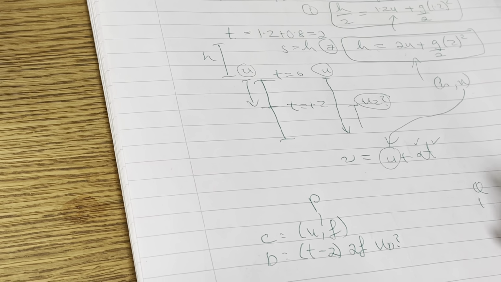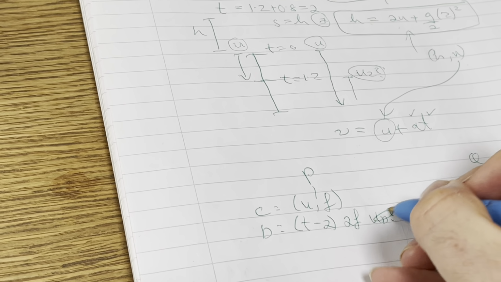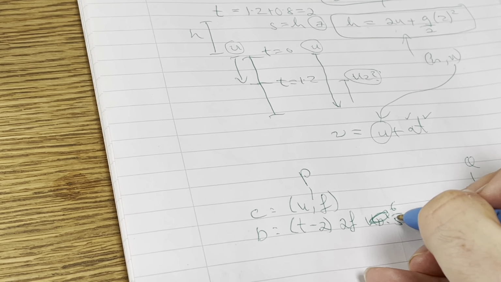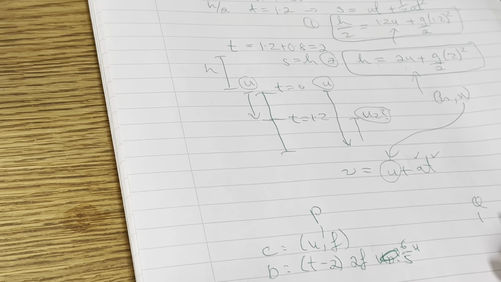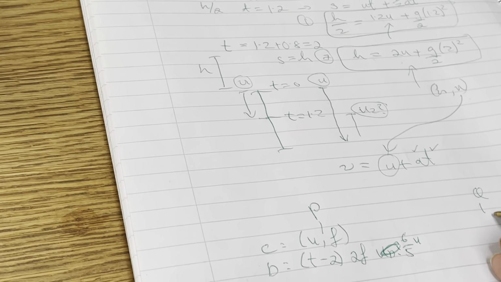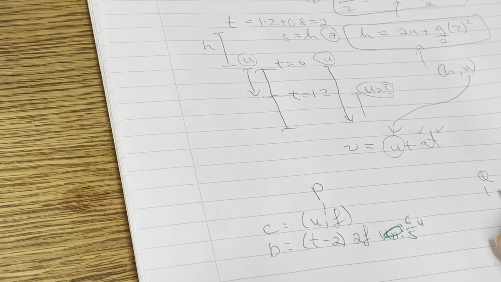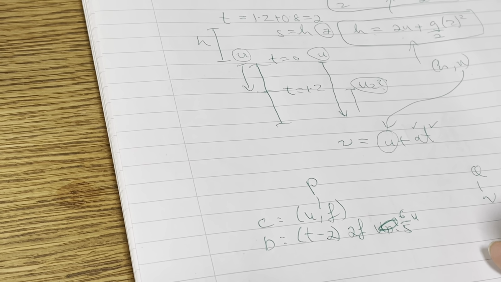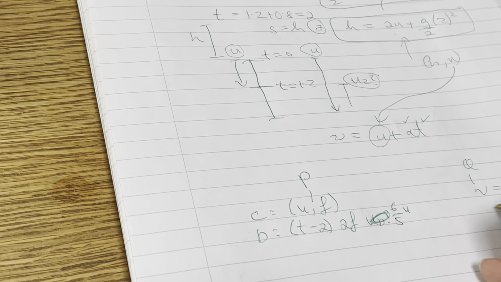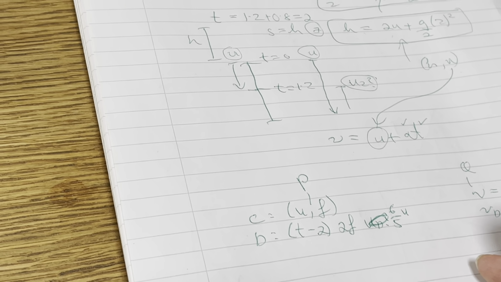Oh, we do. Okay, so 6 over 5u, 6 over 5u, right? So we know quite a bit. And then they pass point Q together. So speed of C, so v here, 6.5, and v_d is equal to 9.